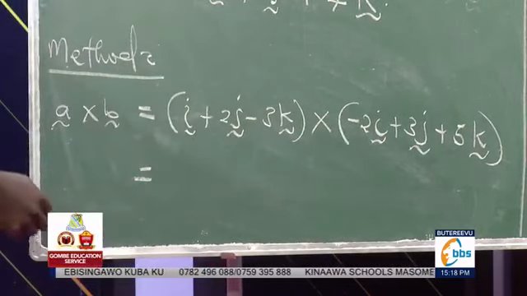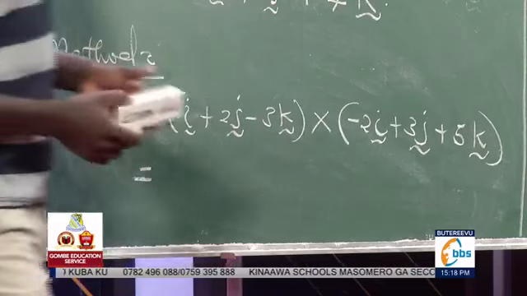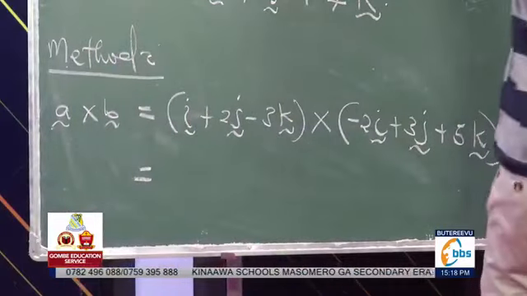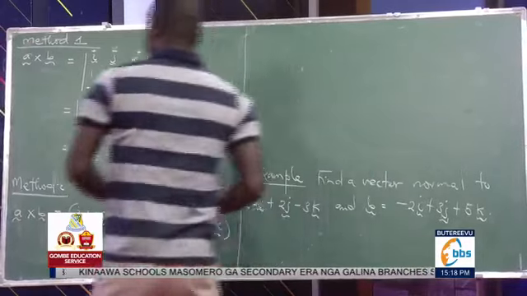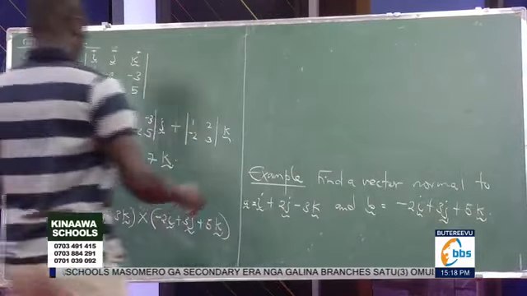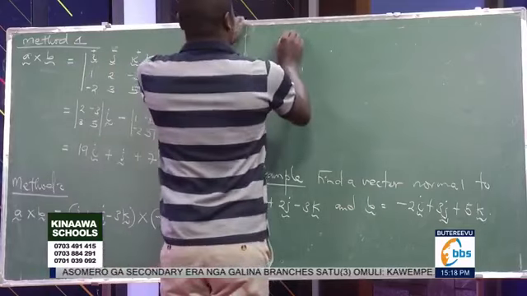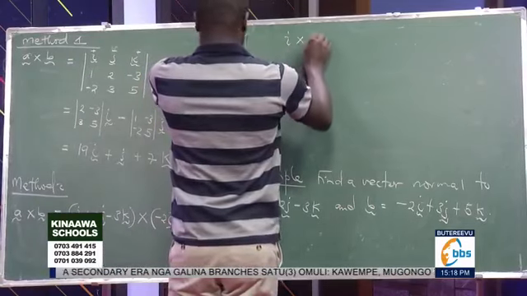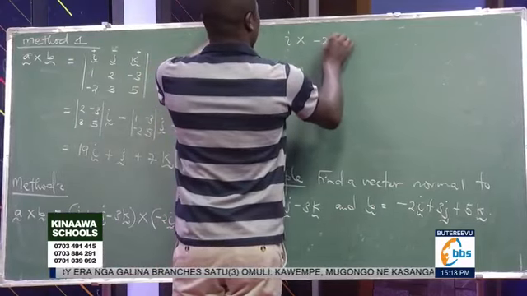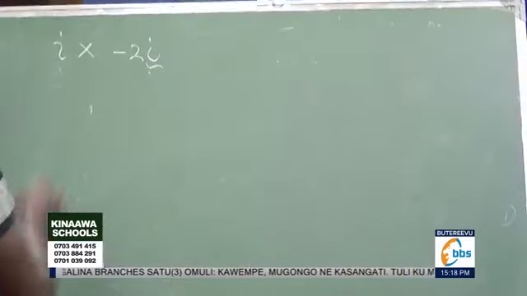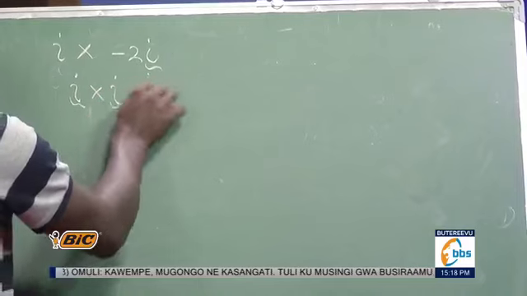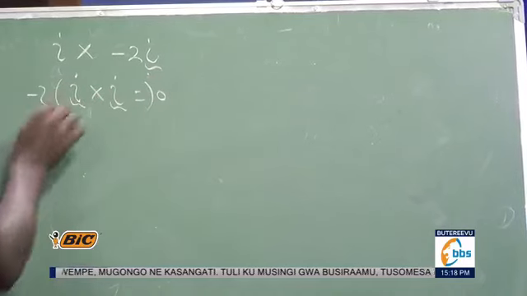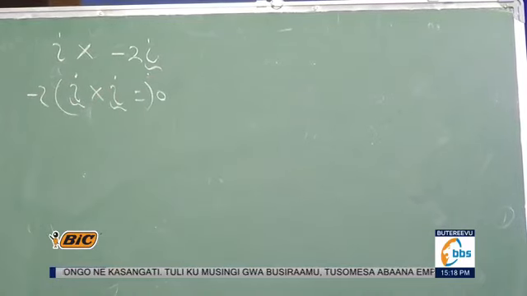We are multiplying I, and we are crossing it by the vector -2I. So this is like you're crossing I and I, which is just going to give us 0 with the -2 there. So this is going to vanish.